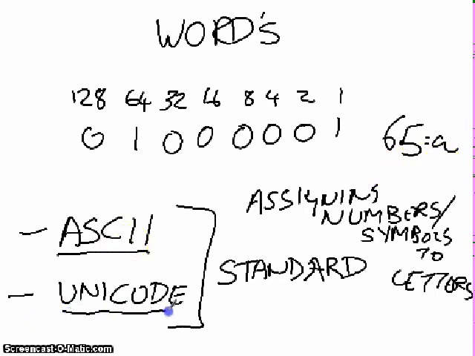Unicode is slightly different. When we started to have keyboards for different languages and different types, such as Japanese. I'll pick Japanese because Japanese has an entirely different character set to us. Obviously, they use something called kanji to represent their letters.